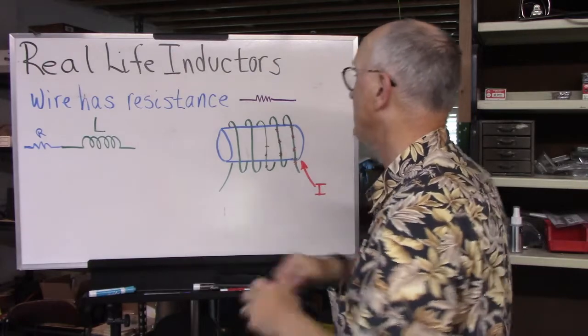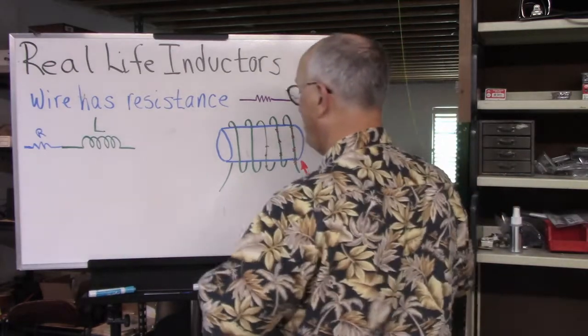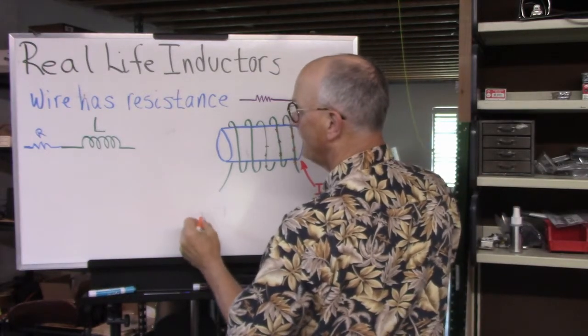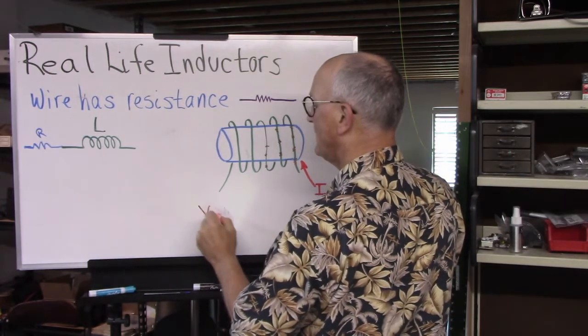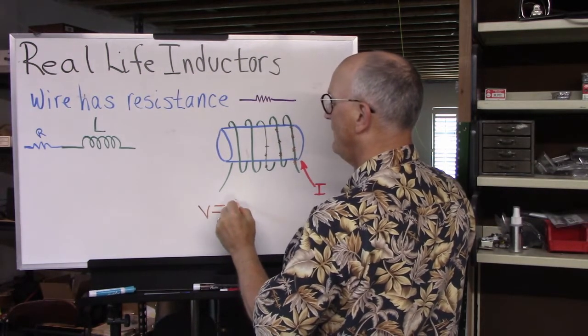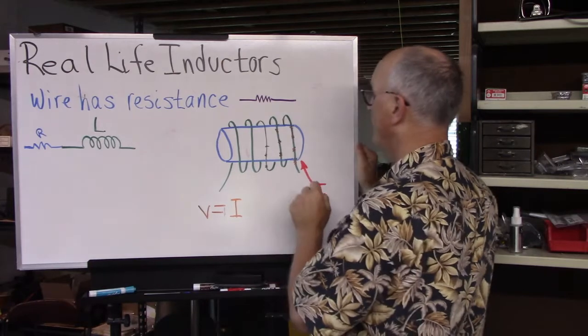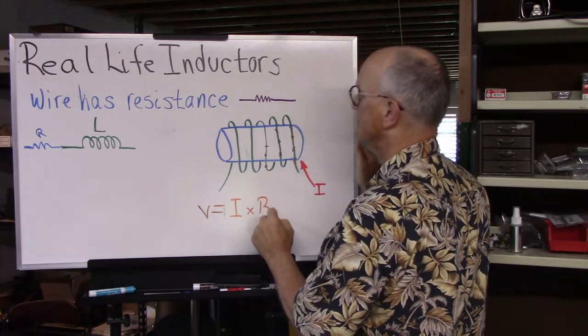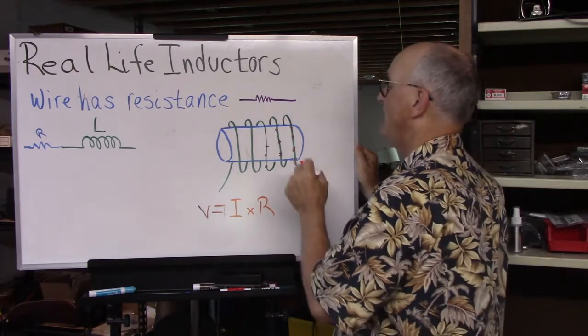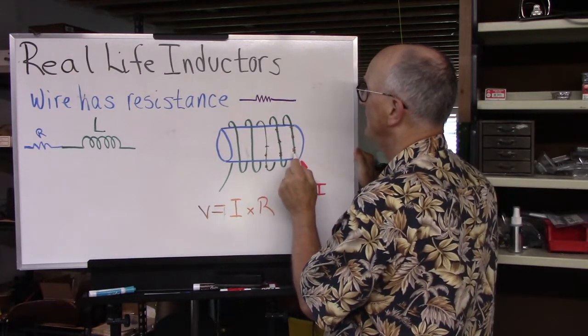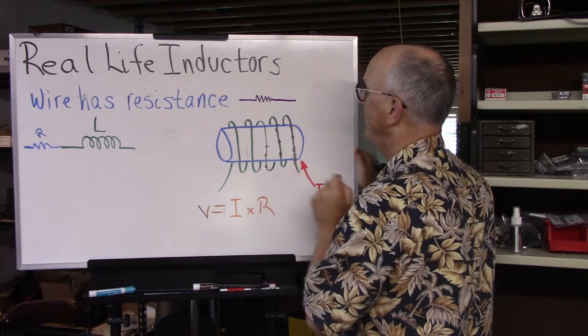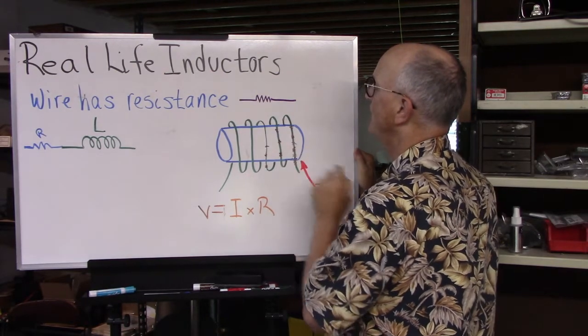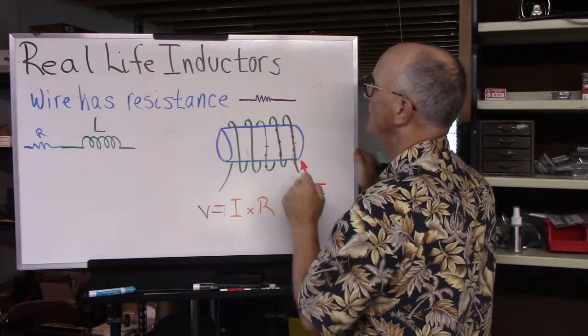That means, because we know that according to Ohm's law, that voltage is equal to the current being sent through the wire times the resistance of the wire. That means that the potential at this point in the wire is different than this point in the wire, is different than this point in the wire.